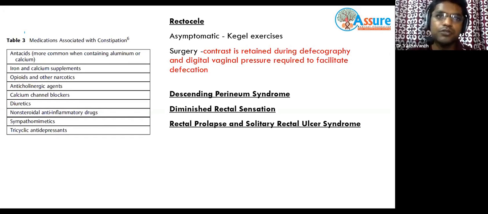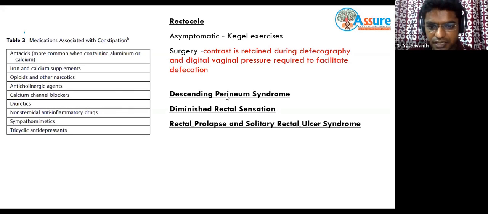Symptomatic, usually more common in females, they usually try to push the posterior vaginal wall at the time of defecation, or use a finger to manually evacuate the stool. It should be managed with exercises in asymptomatic cases. Whenever it is symptomatic, it should be treated with surgery.